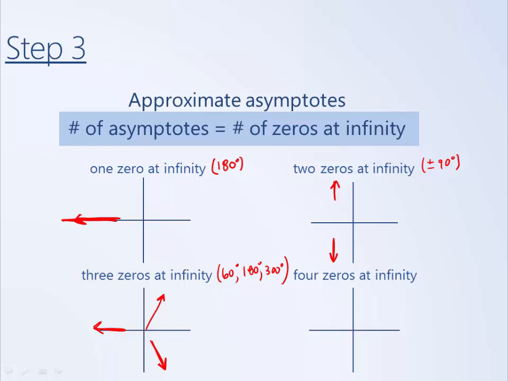When we have 4, then we similarly split up the 360 degree pie into four slices. So each of these, when we had 3, are 120 degrees apart. When we have 4, they're each 90 degrees apart. So we have 1 at 45, 135, 225, and 315.